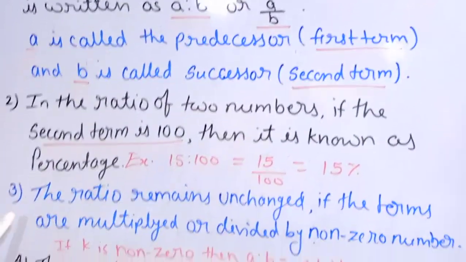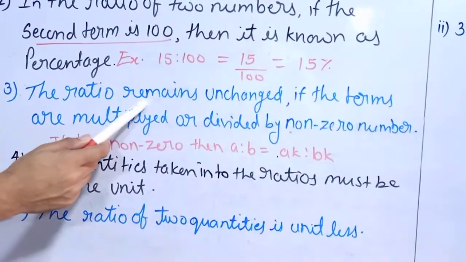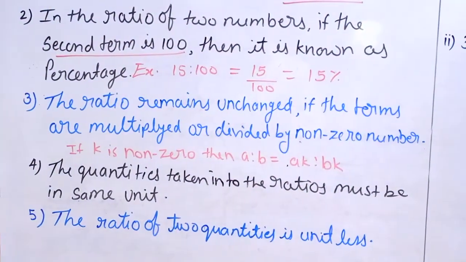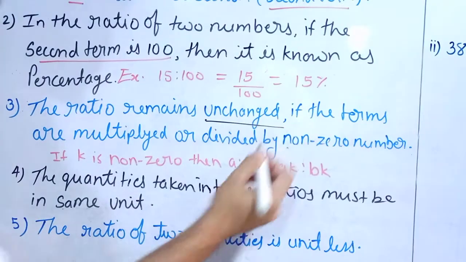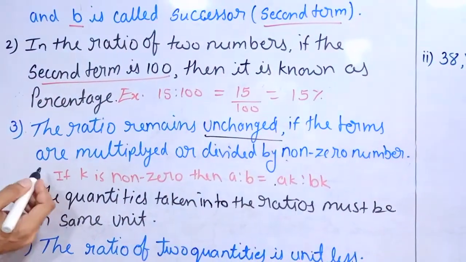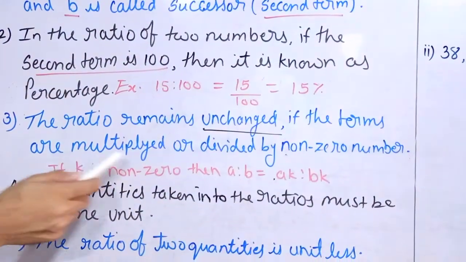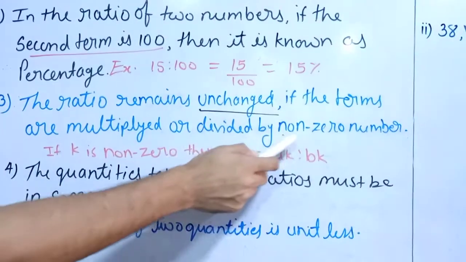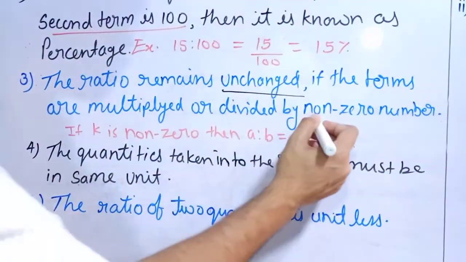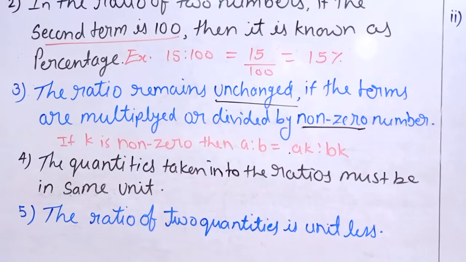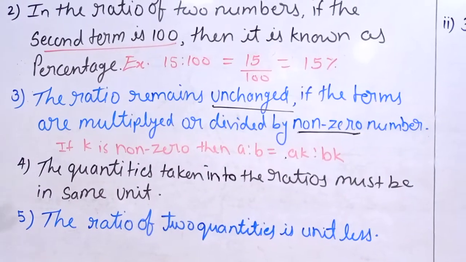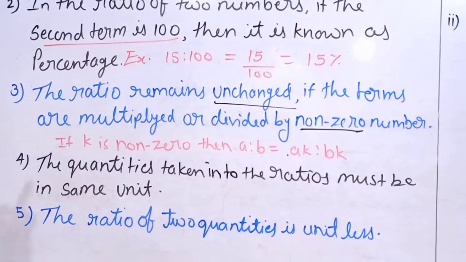The next property is the ratio remains unchanged if the terms are multiplied or divided by a non-zero number. Non-zero number means any number, whether positive or negative, other than zero. Any number.